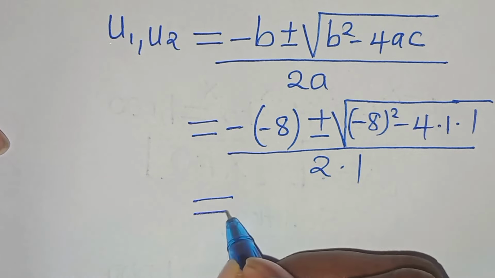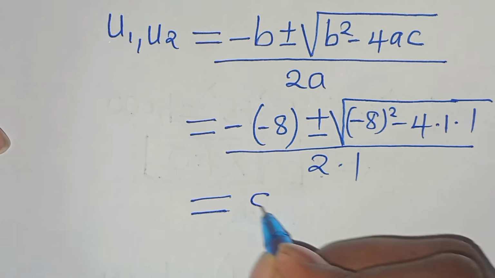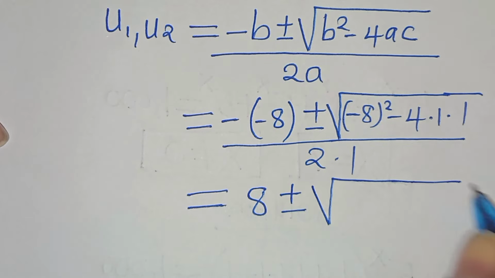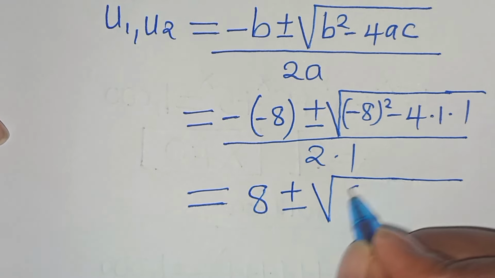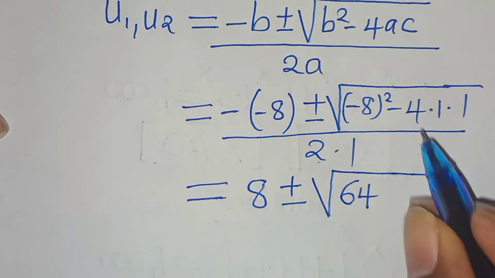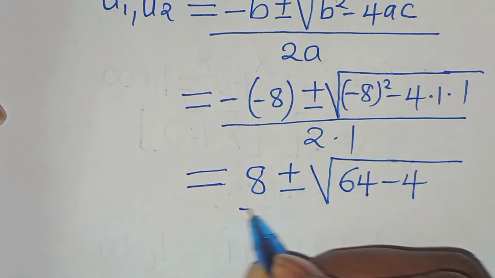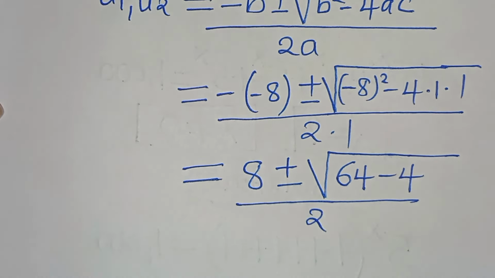So here we have 8 plus or minus the square root of 64, minus 4, everything divided by 2.